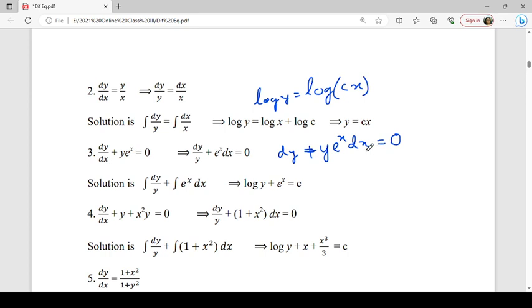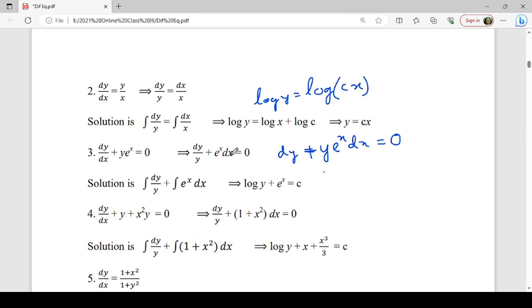So e to the power x dx, this y you take down, so divide by y. So we have dy by y, and this y goes, so it is e to the power x dx. So variables are separable now. Now you write the solution.